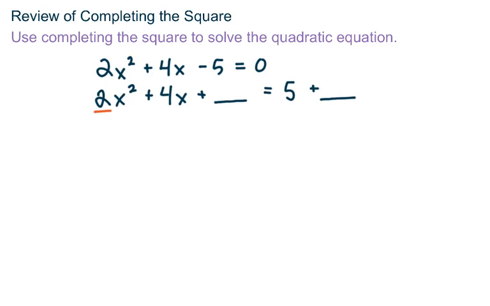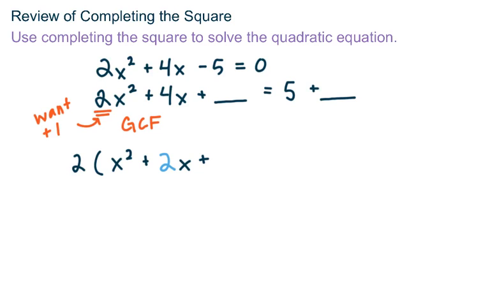First things first, we always want this to be positive 1. If it is not positive 1, if it's negative 1, any other number, we want to factor it out. So here, we're going to factor out a GCF of 2. That leaves me with 2 times the quantity x squared plus 2x plus that magic number.